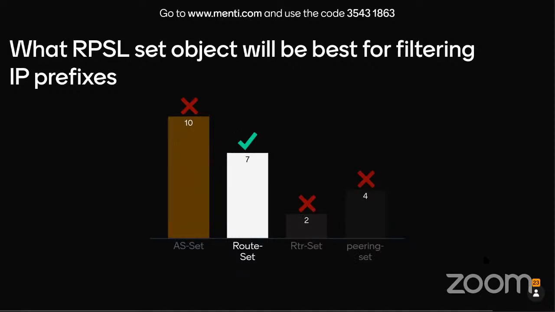Okay, you have your answer there already. So we will use the AS set to filter ASs. Just for the sake of time, I would have defined a policy using the route set also. You can use that within the outbound object. But we didn't do that.